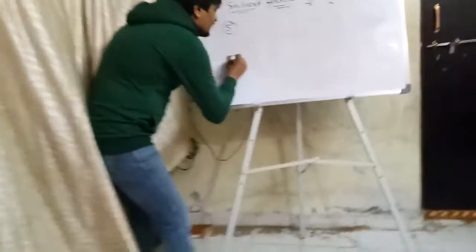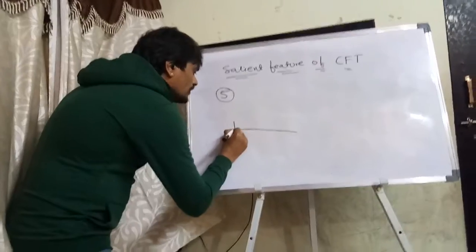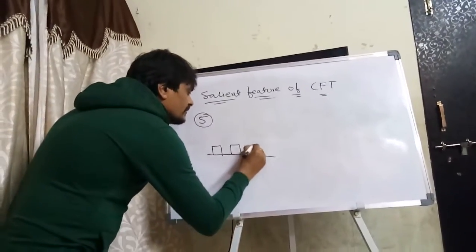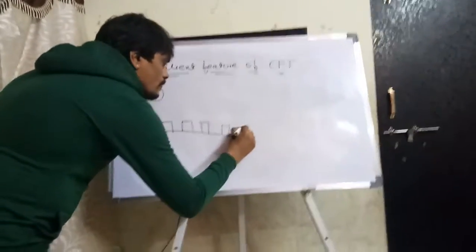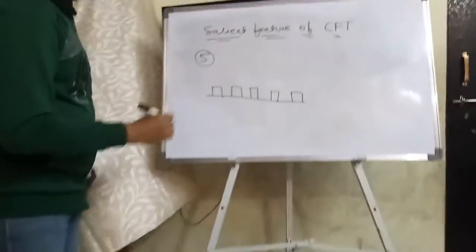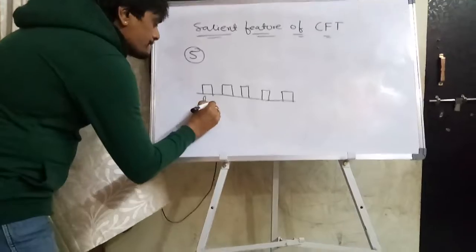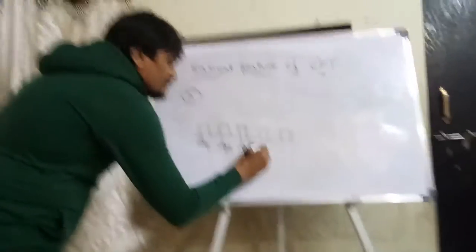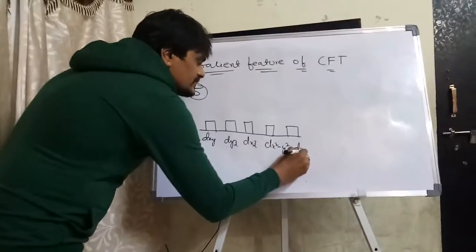Whenever the metal is in the gaseous form, all the 5 d orbitals, 1, 2, 3, 4, 5, which we have discussed: the first one is dxy, the second is dyz, third is dxz, fourth is dx square minus y square, and the last one is dz square.